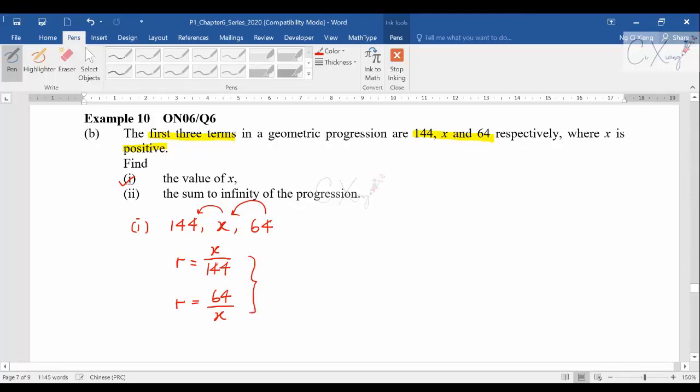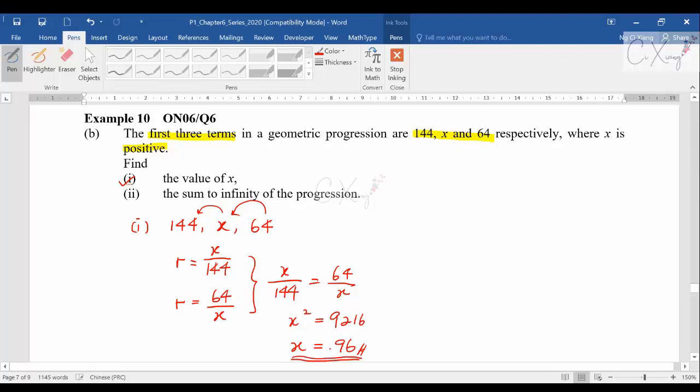If you combine these equations together, you have x divided by 144 equals 64 over x. Try to group all the x to one side and you should get 9216. By taking the square root of 9216, you have 96. So x will be equal to 96 here.